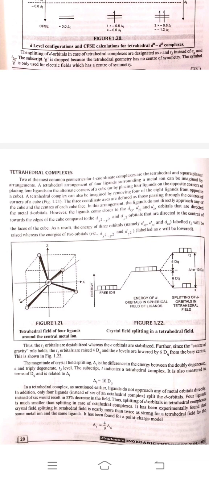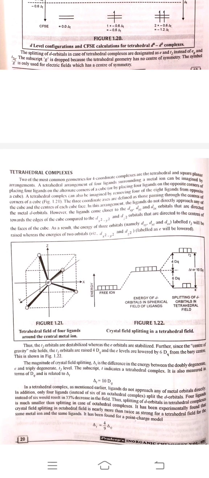The magnitude of crystal field splitting Δt is the difference in energy between the doubly degenerate e and triply degenerate t2 levels. The subscript t indicates a tetrahedral complex. It is also measured in terms of Dq and is related to Δt: Δt is equal to 10 Dq.